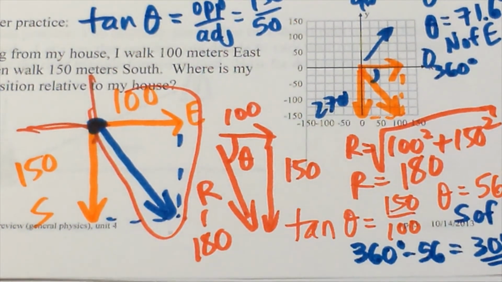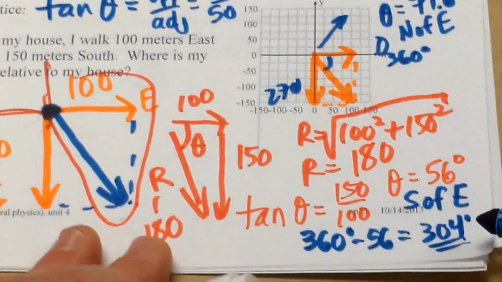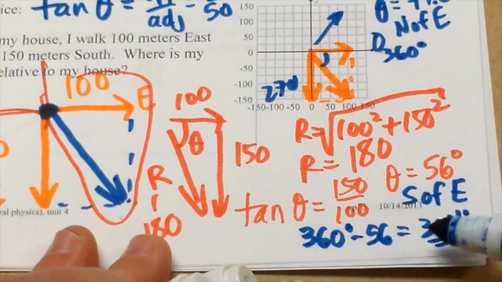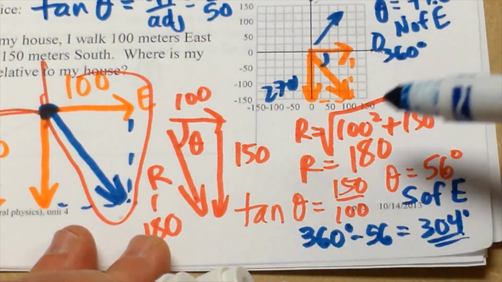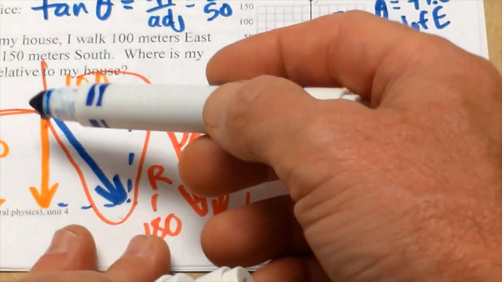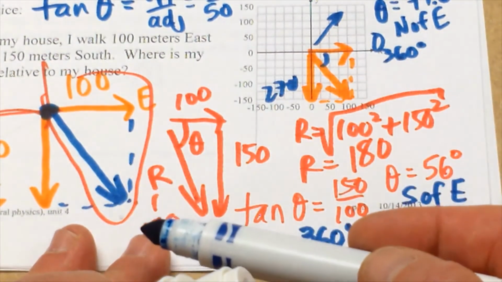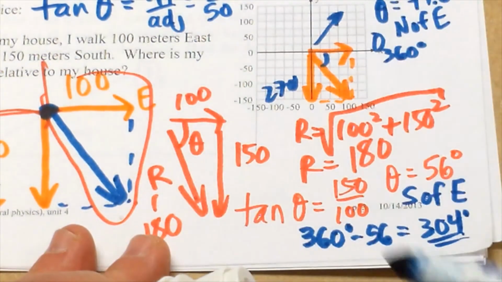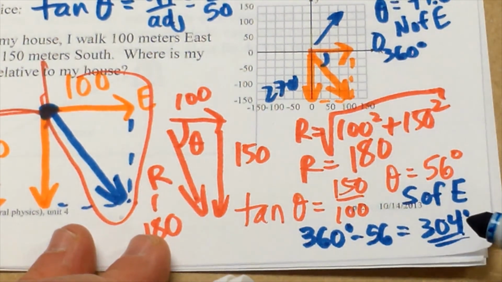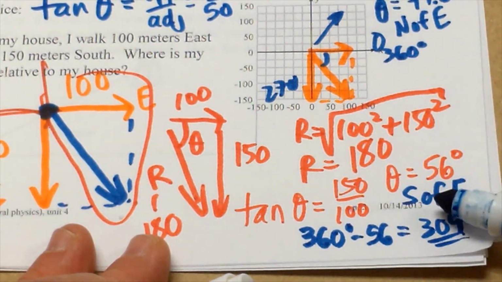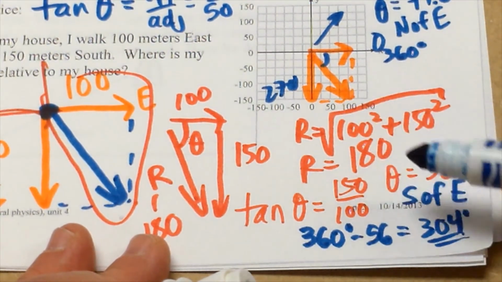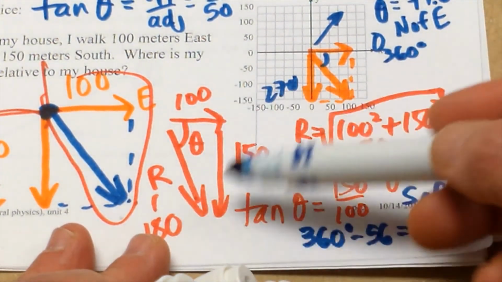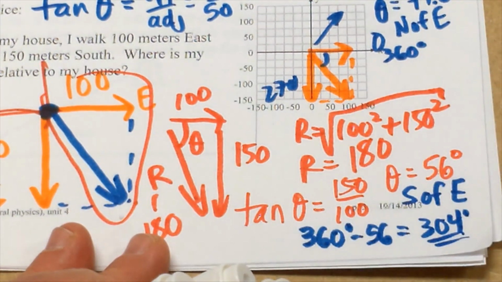So we could express it as 56 degrees south of east, or we could say we're 304 degrees. Any which way, I'm actually 180 meters away from where I started at an angle of 304 degrees or 56 degrees south of east. So we need really both parts, right? This is a vector. We need the amount, or called the magnitude, and then we need a direction, an angle.